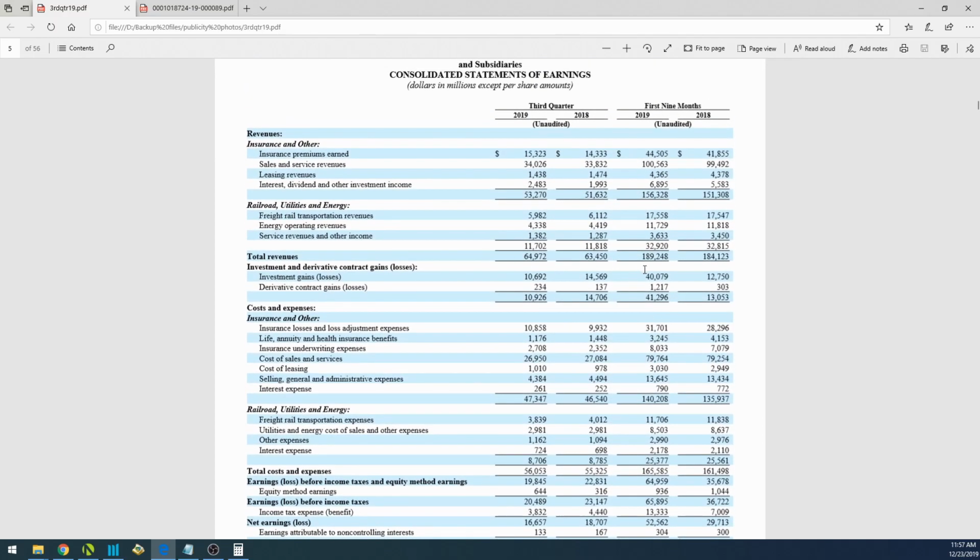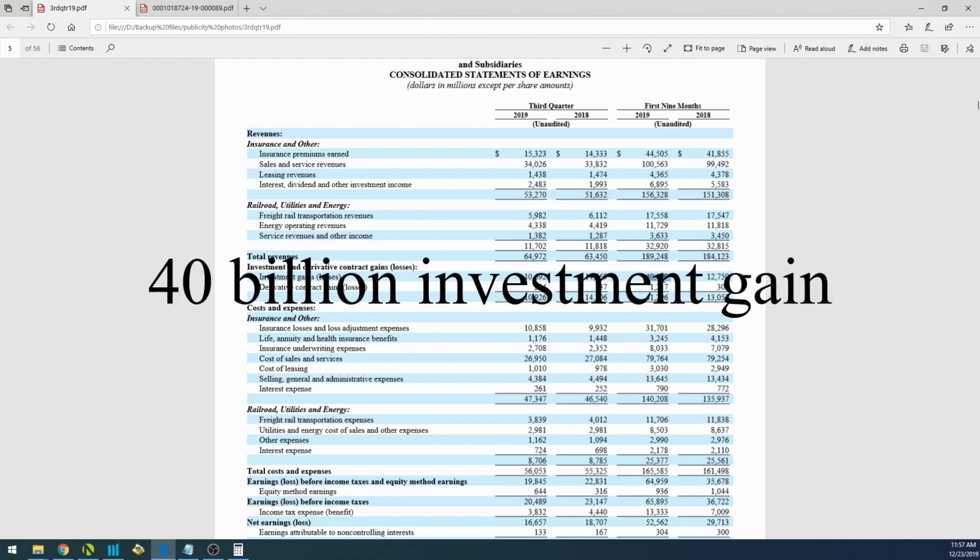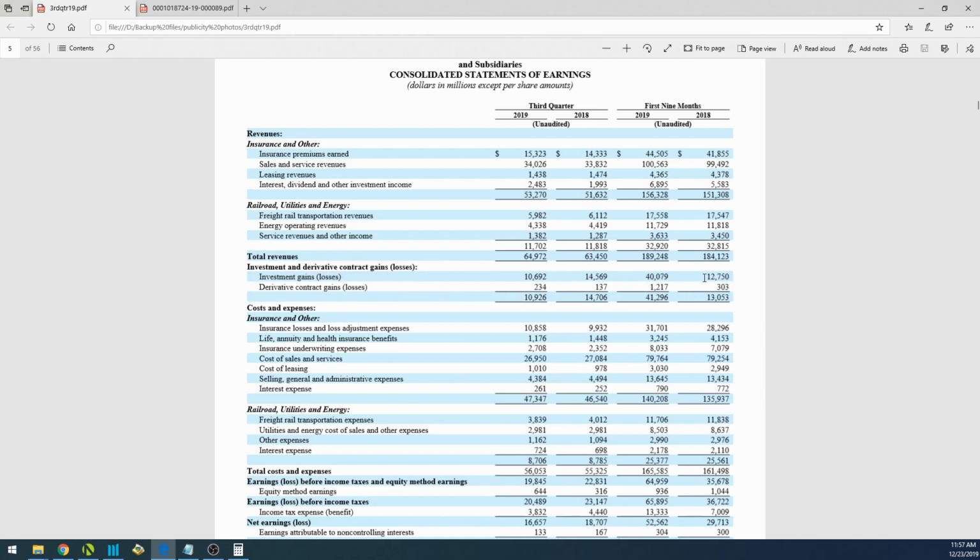Found it. So it's in these small rows here. Investment and derivative gain. Investment gains of $40 billion for the first three quarters of 2019, compared to just 12 billion in the first three quarters of 2018, and derivative contract gains of 1.2 billion compared to just 303 million in 2018.